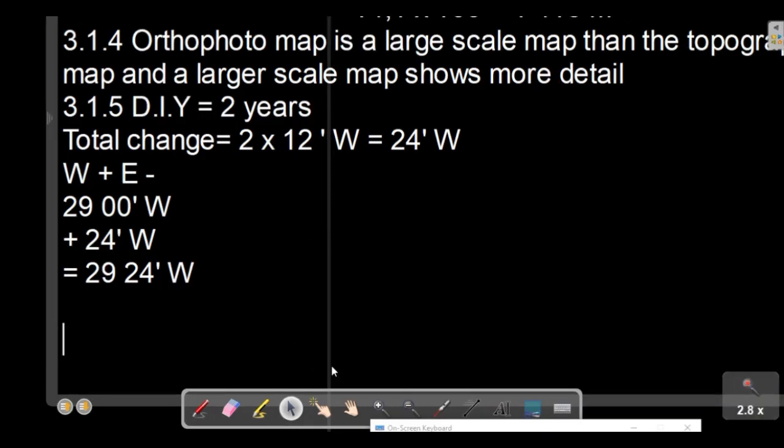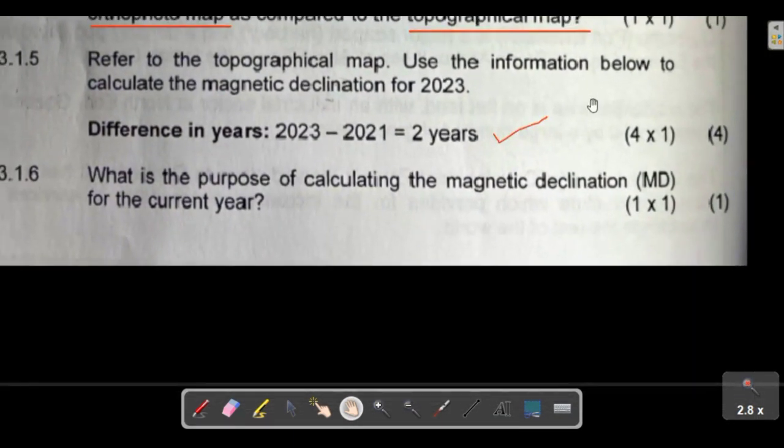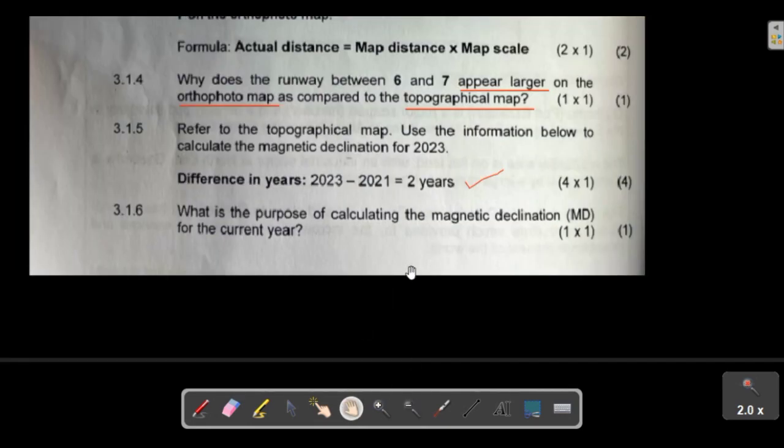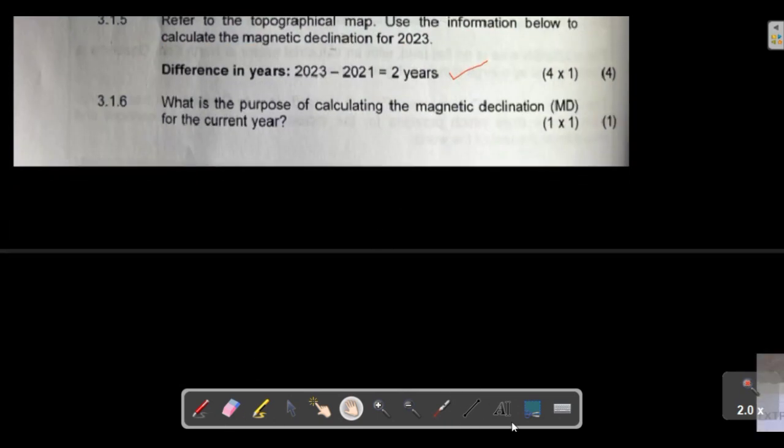And our next question is 3.1.6. 3.1.6 says, what is the purpose of calculating the magnetic declination for the current year? So now guys, magnetic declination, right?